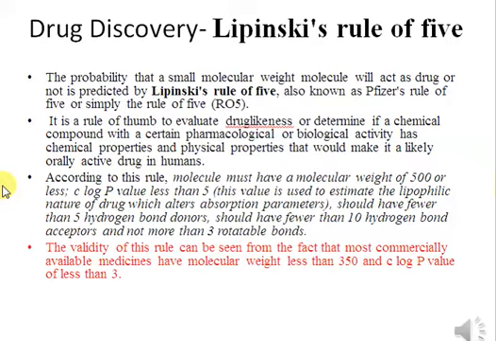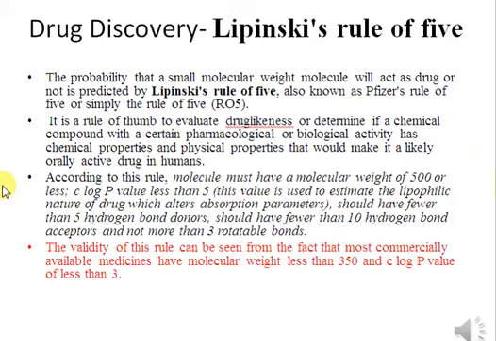If you have a molecule, by means of this rule you can predict if it will act as a drug. And this rule is very specifically used for drugs that have to be taken orally, through the mouth.